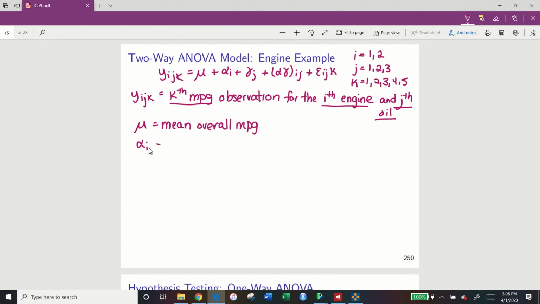Alpha i is the ith engine size main effect. Gamma j is the jth motor oil type main effect.